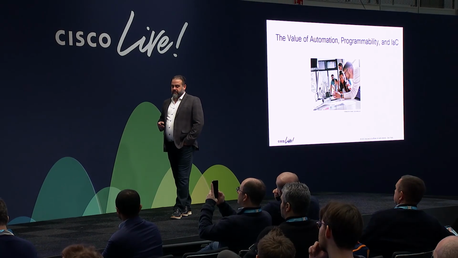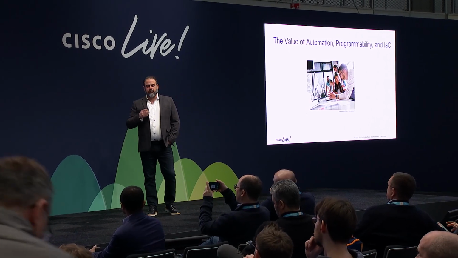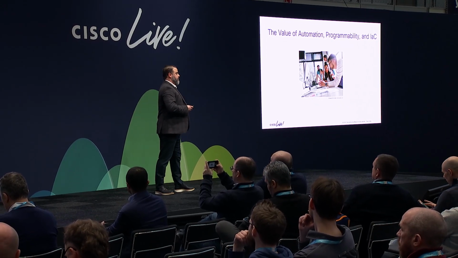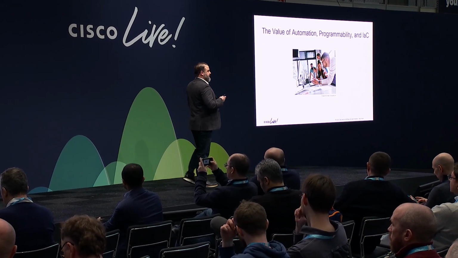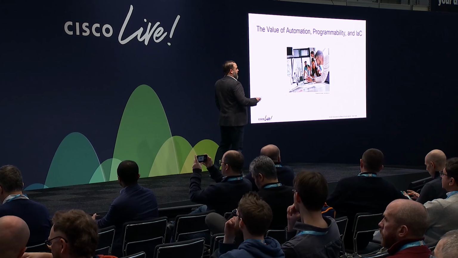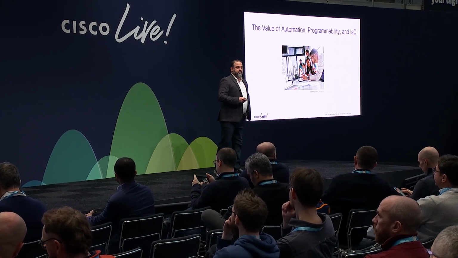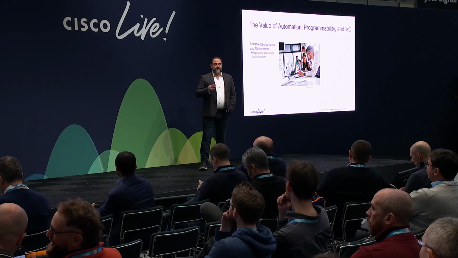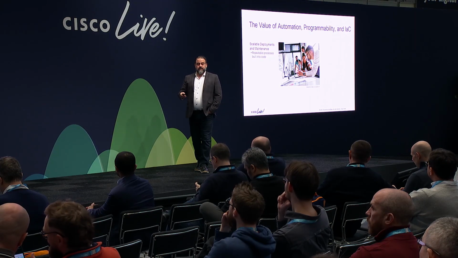One of the main things that we run into in DevNet in talking about automation and programmability is a little bit of a hesitancy in understanding the value proposition for automation and programmability. But what we have been telling people for 10 years, and we're still telling the same story today, is that it helps us with scalable deployments and maintenance.